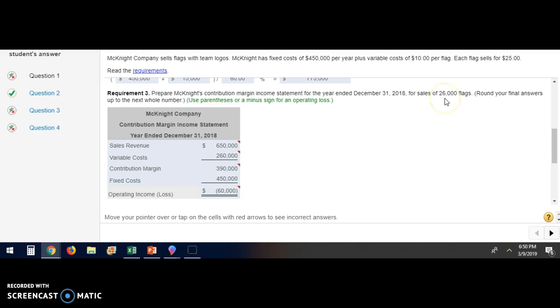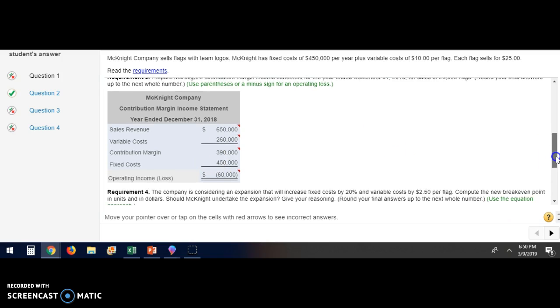So if we sell 26,000 times 10, we get 260,000. Now when you subtract those, you get the contribution margin of 390. Now that is not enough to cover all of our fixed costs, so we actually have a loss.